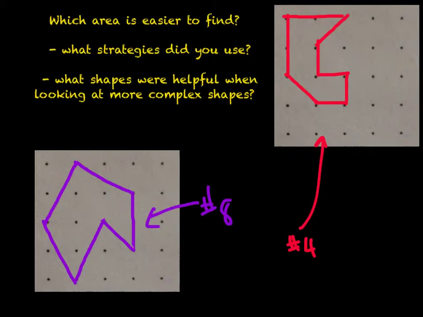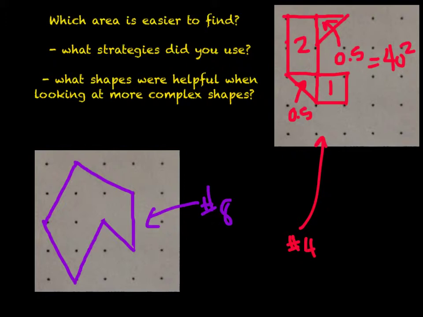Hopefully your answer is that shape number 4 was easier to find because we could break it up into squares and rectangles and triangles. We were able to see that there was 1 square unit here, 2 square units here, and then we had 2 half units hanging off, so we would end up with 4 units squared for the area of that red shape.